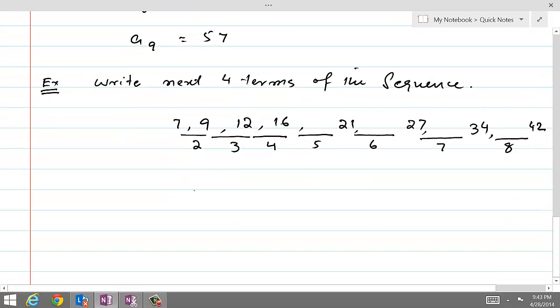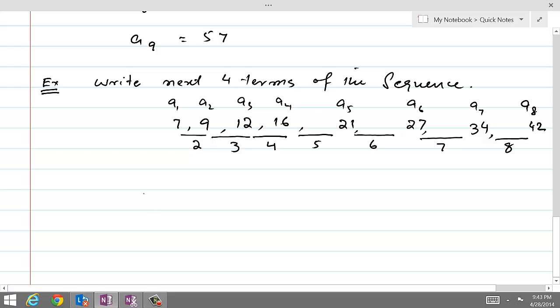So let's write this down. This was A1, this was the second, this was the third term, this was the fourth term, and this was the fifth term, and then A6, A7, and A8.